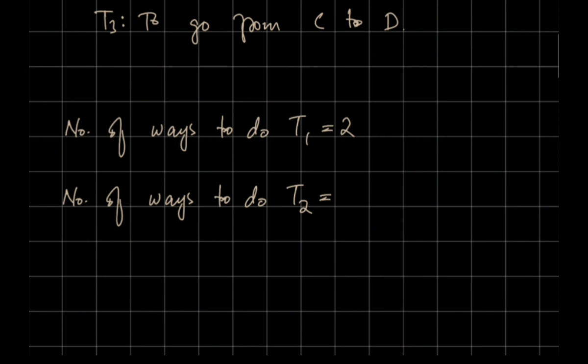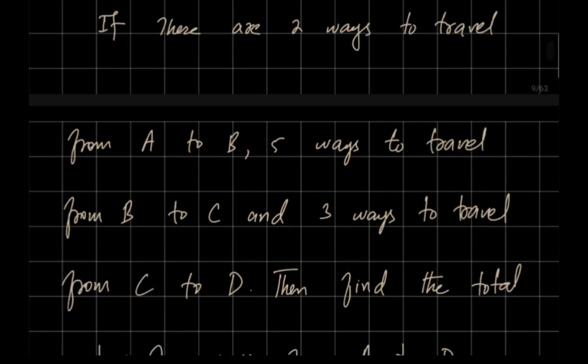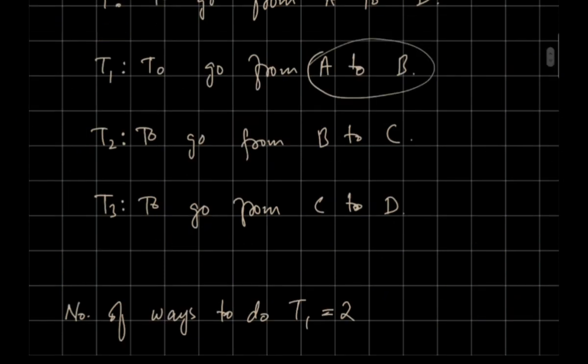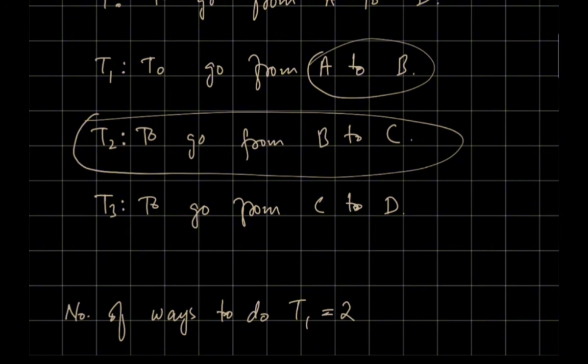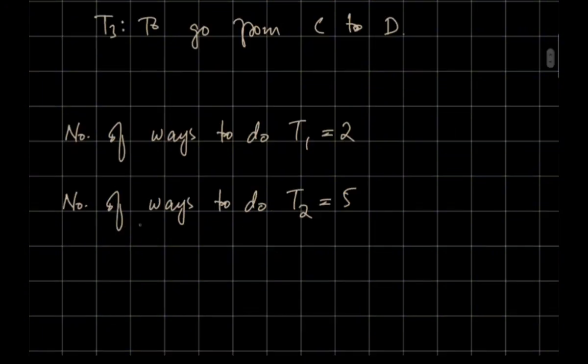And the number of ways to do task T2 is 5, because it was given in the question that there are 5 ways to move from B to C. Here T2 means to go from B to C. Therefore, the number of ways to do subtask T2 is equal to 5.